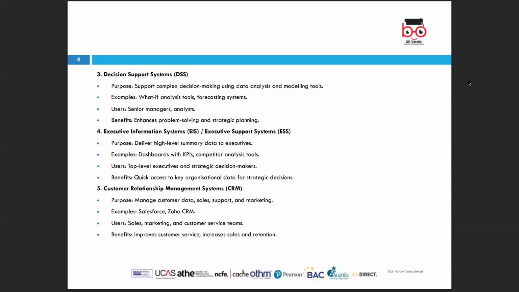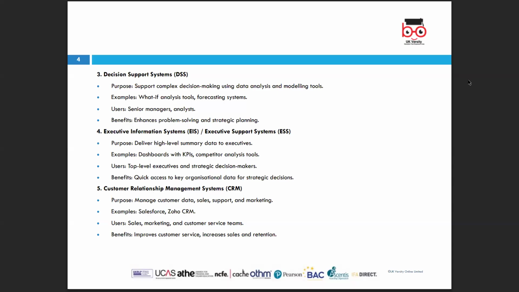When it comes to the executive information system, the purpose is to deliver high-level summary data to executives. Examples of these tools are dashboards with KPIs and competitor analysis tools, used by top-level executives and strategic decision makers. The benefit is quick access to key organizational data for strategic decisions.